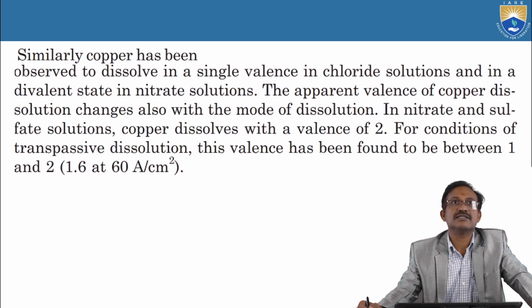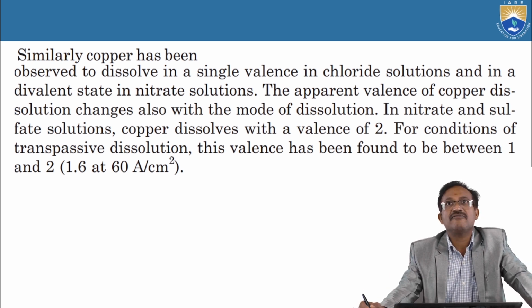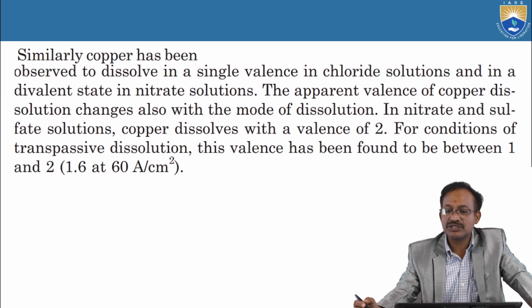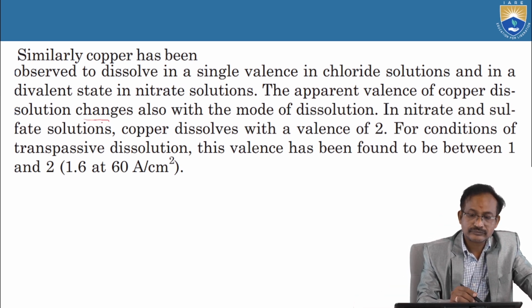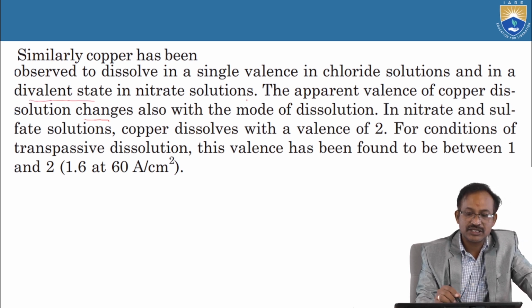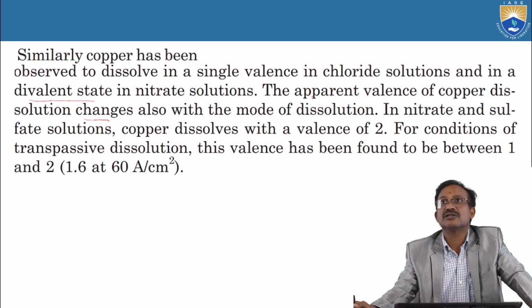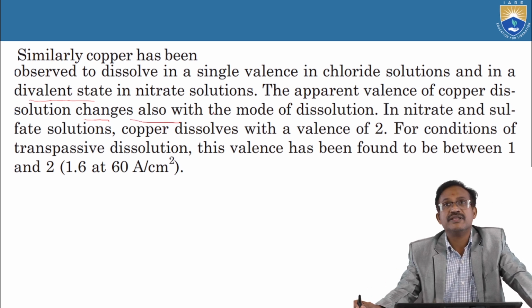Similarly, copper has been observed to dissolve in a single valence in chloride solutions and in a divalent state in nitrate solutions. The apparent valence of copper dissolution changes also with the mode of dissolution.